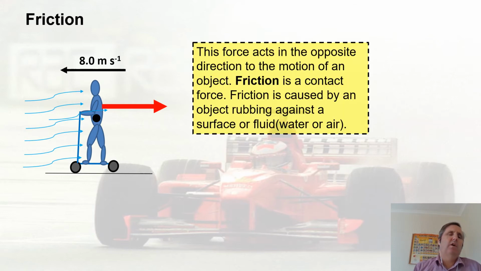So in order to reduce the size of the friction, the first thing we need to remember is that the friction force will slow an object down. It always acts in the opposite direction to your traveling. And the friction force is caused when an object rubs against other things. It rubs against the air, it rubs against water, it rubs against solid objects.